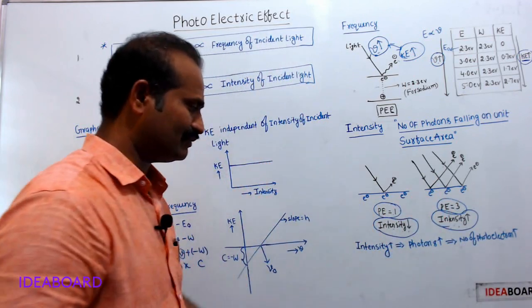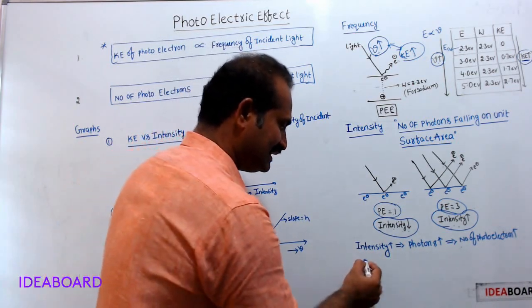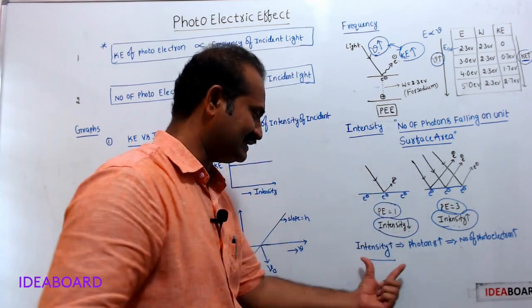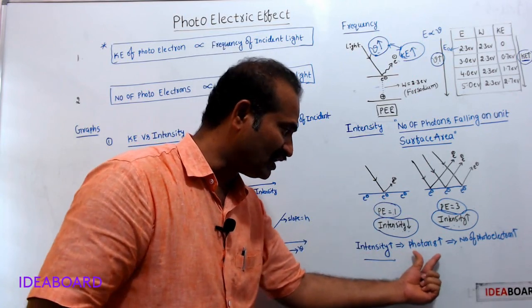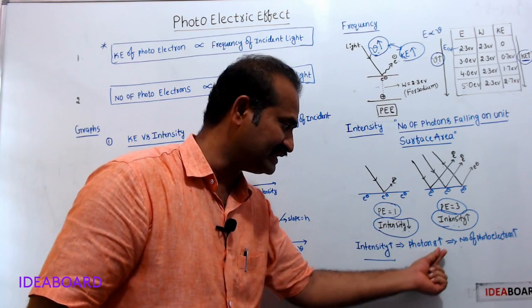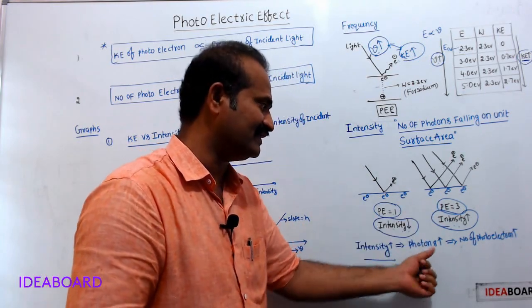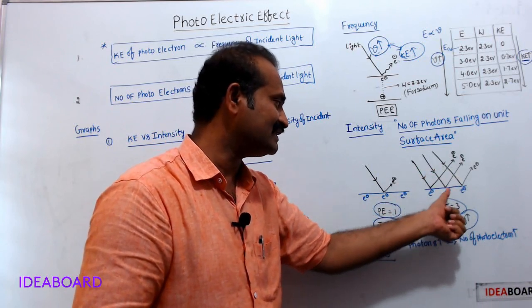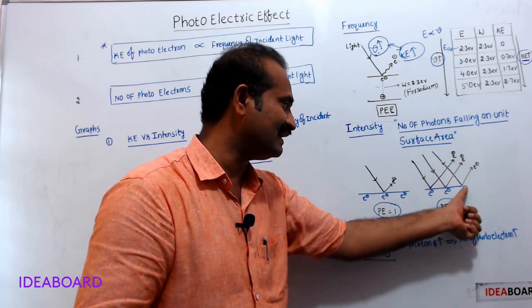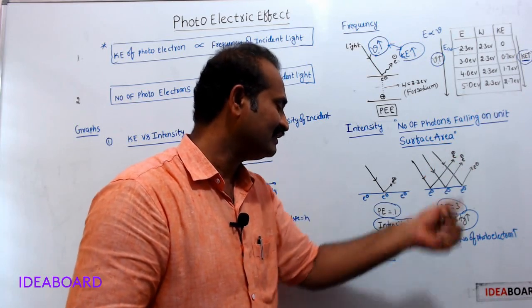We will see how it is possible. As the intensity of incident light increases, the number of photons falling on unit surface area increases. More photons falling means each photon causes the release of one electron. This causes the release of this electron, this causes the release of this electron, and this causes the release of this electron.